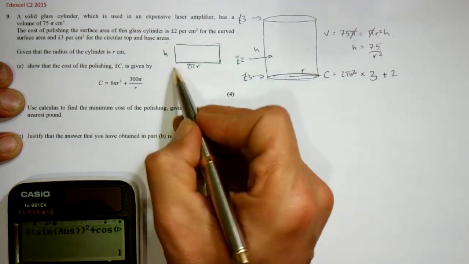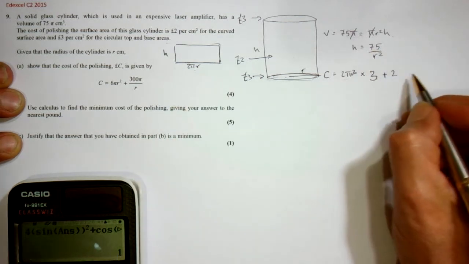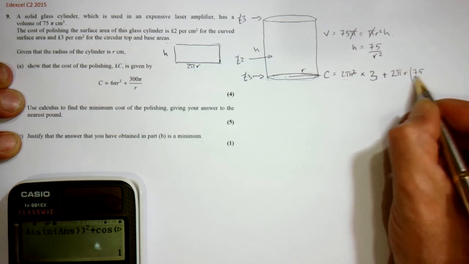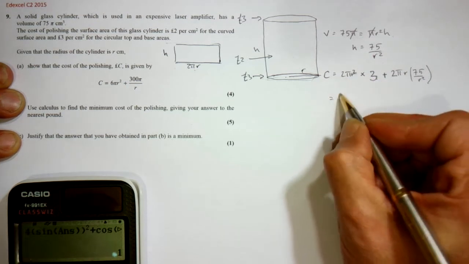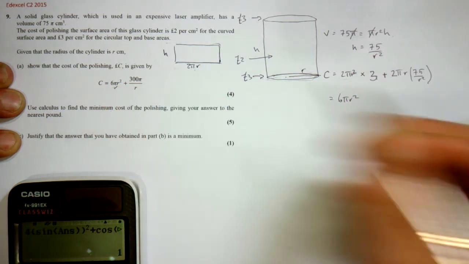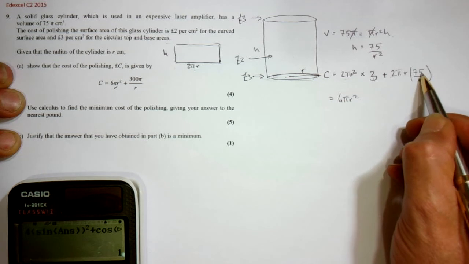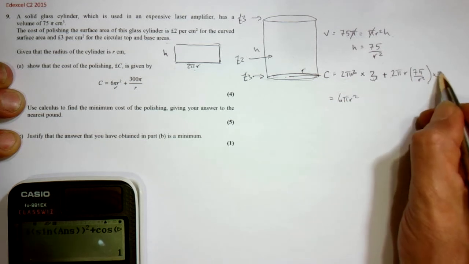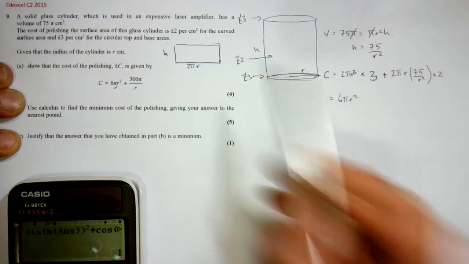So the area of this rectangle is 2 pi rh, but h is 75 over r squared, so 2 pi r times 75 over r squared. 3 times 2 is 6 pi r squared, oh look, and 2 times 75 is 150, and we've got to times that by 2 because it's £2 per centimetre squared.